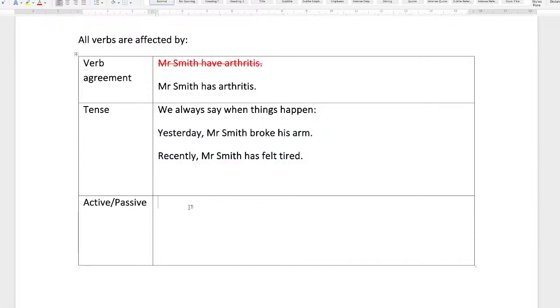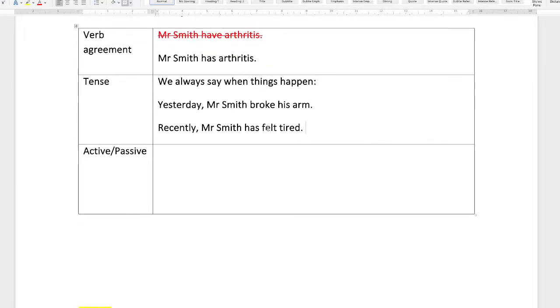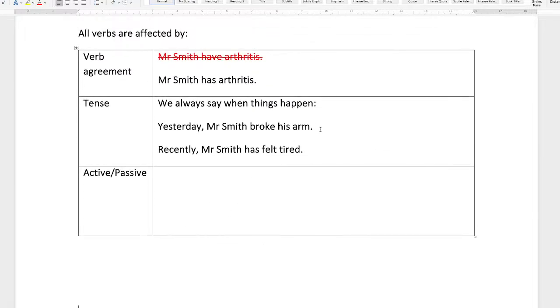And a third thing that we always do is we always choose active or passive. Now, both of these sentences are active. That means we are saying that Mr. Smith did something. Active means we focus on who does something, or on someone doing an action.